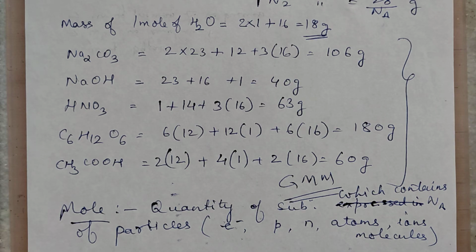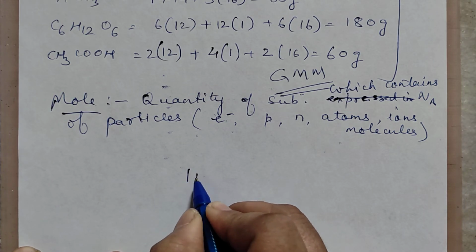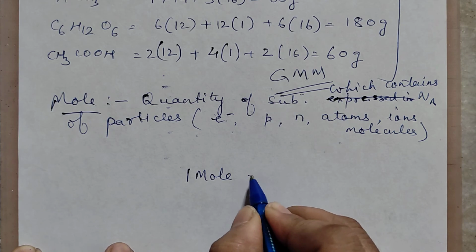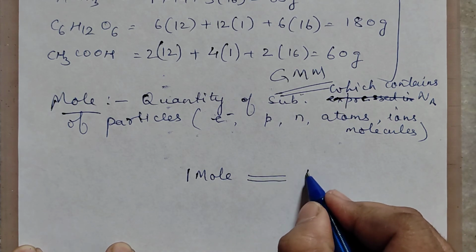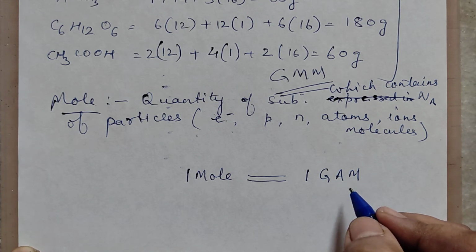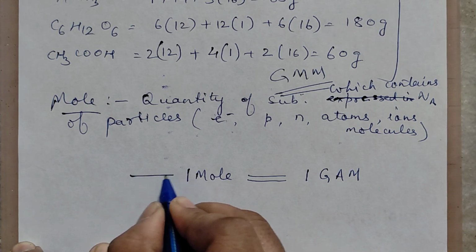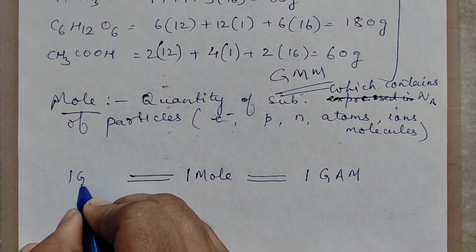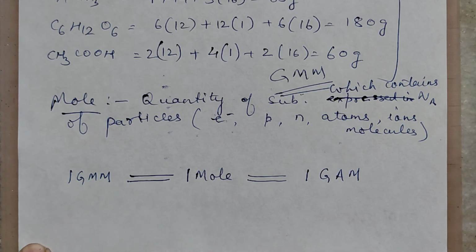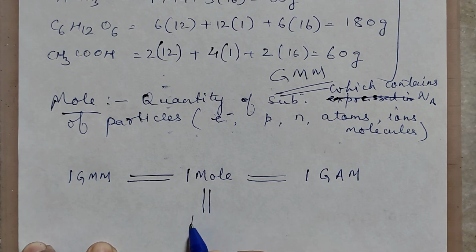So basically in this you will remember one thing. 1 mole is equal to 1 gram atomic mass if I am talking about atoms. 1 mole is also equal to 1 gram molecular mass if I am talking about molecules. 1 mole is also equal to Avogadro number, because Avogadro number of anything is mole.